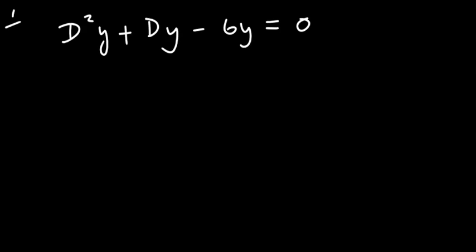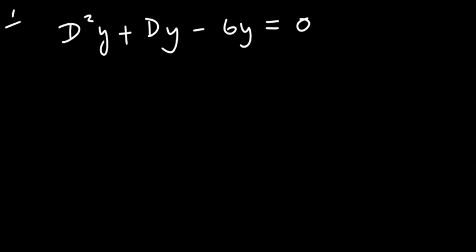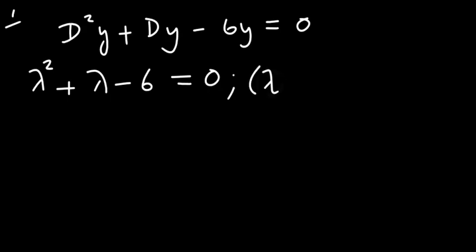Let's look at a few examples. The first one, we shall assume y is e^(λx). Substituting this in here, we will get the auxiliary equation, which is λ² + λ - 6 = 0, which can be factorized in the following form: (λ - 2)(λ + 3) = 0.